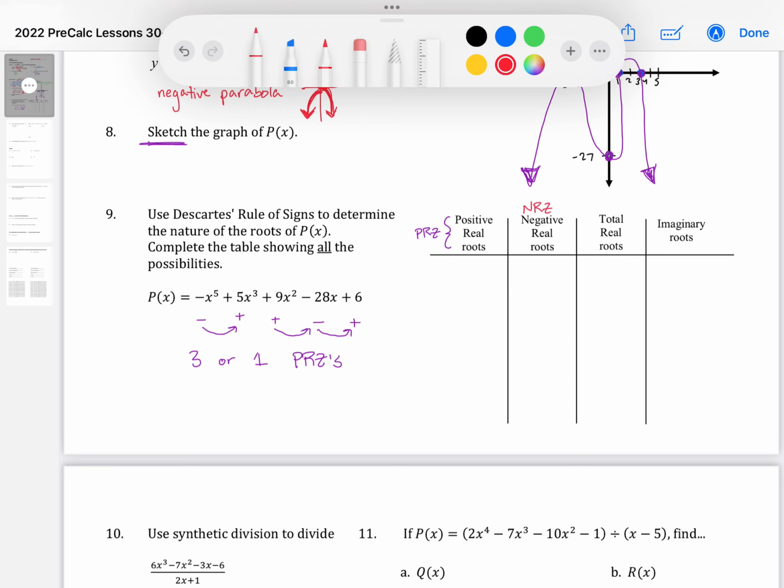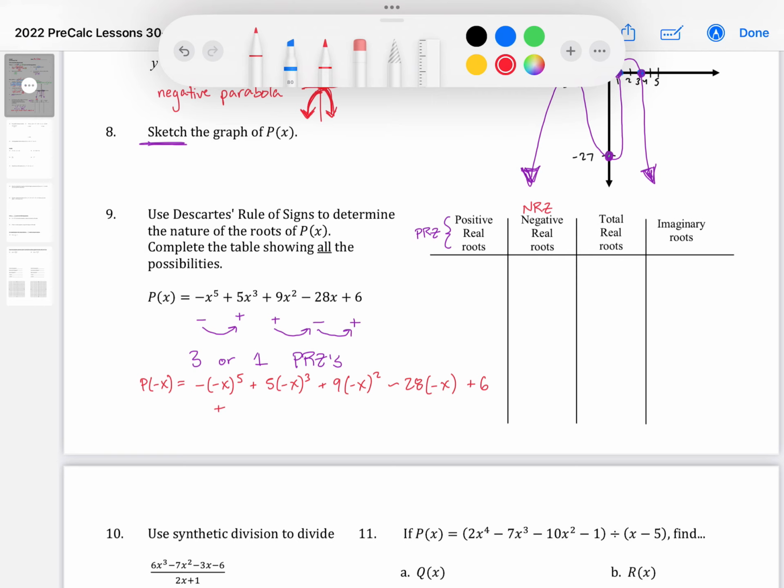The second thing you do to figure out your negative real roots, or your negative real zeros, we called those in the notes, was to replace x with negative x in your function. So we'd have negative x to the 5th plus 5 negative x cubed plus 9 negative x squared minus 28 times negative x plus 6. I don't really care what those end up being. I just know that this first term would be a negative times a negative, which is positive.